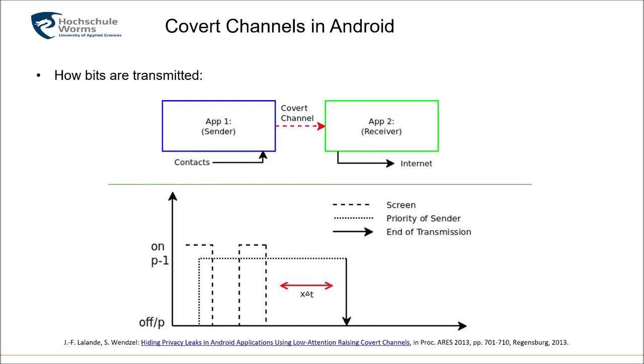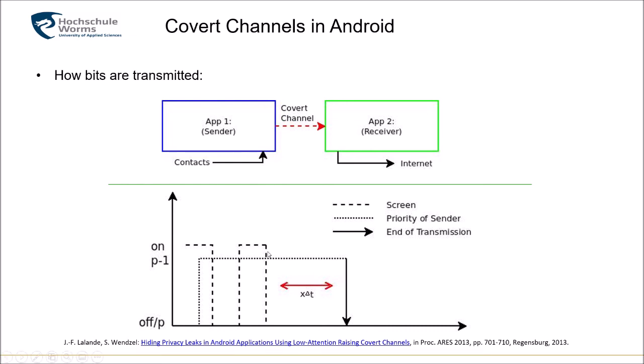And so the transmission process would then be cancelled, because the end of the transmission is indicated by the fact that the process priority goes back to P, as shown by this arrow here. So the user turns on the screen again and then turns off the screen again, or it gets turned on and off automatically because some message or a telephone call was received or something like that.